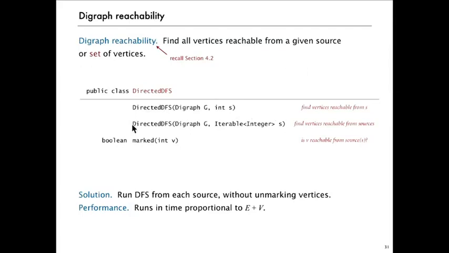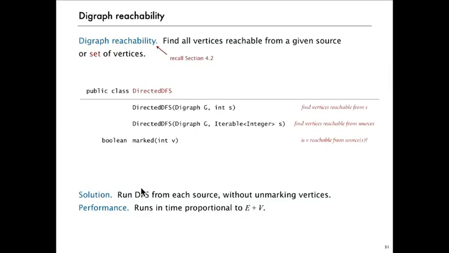But also in that API, we had vertices reachable from a set of sources, so an iterable of sources. What we really need is all vertices reachable from a source set of vertices. And it's easy using DFS.